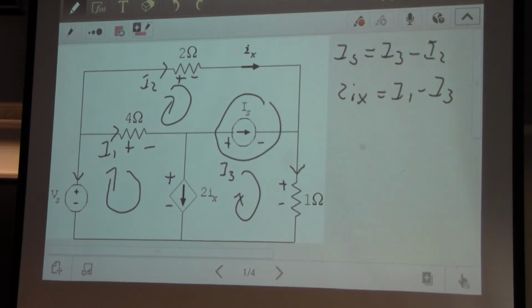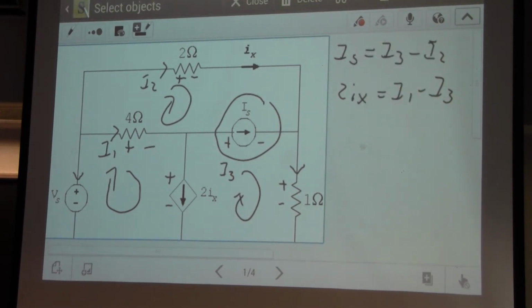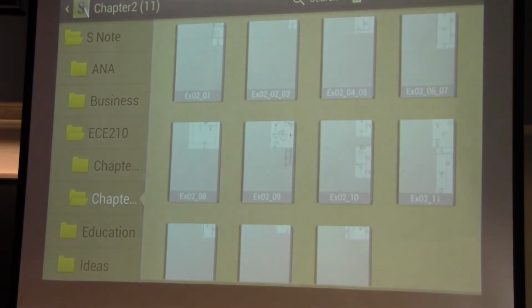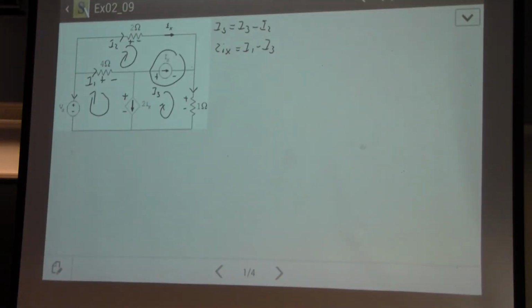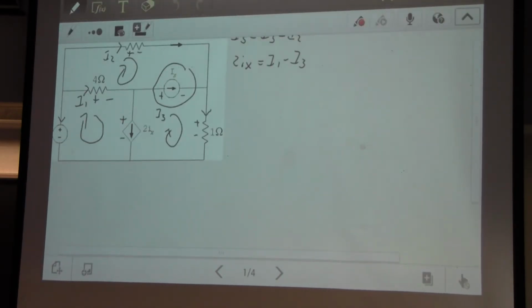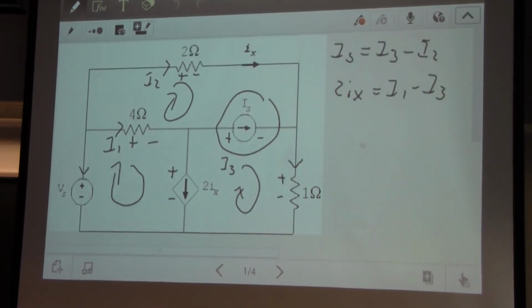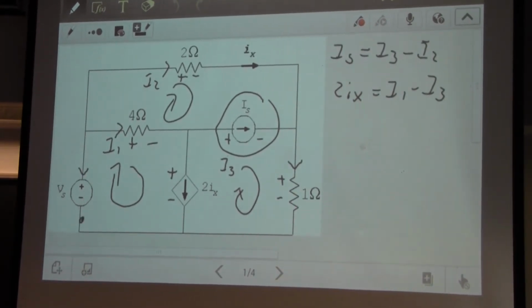If I start down here at the bottom, as a charge, I'm going to gain Vs, so that's on the gain side, and then I'm going to lose over this resistor and over this resistor.